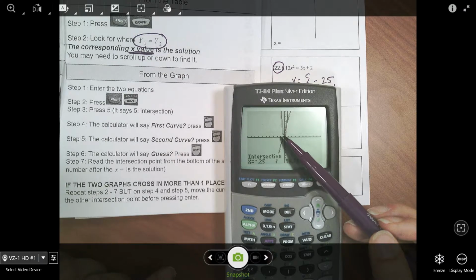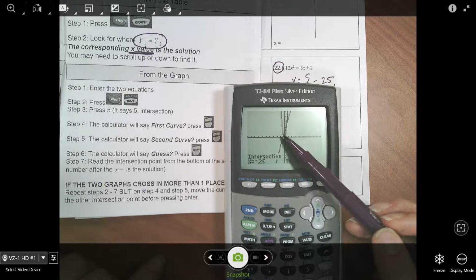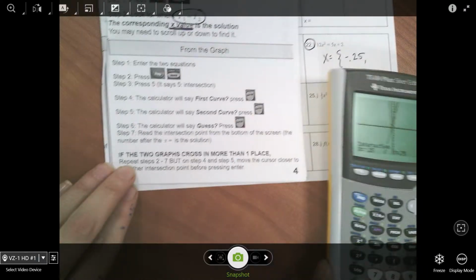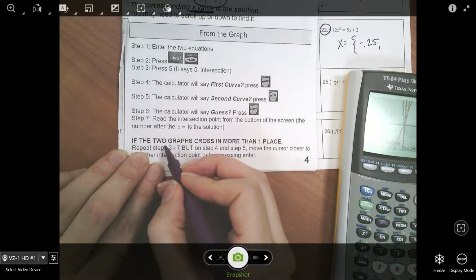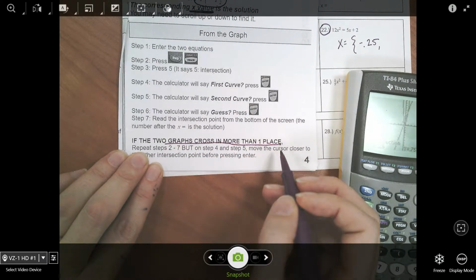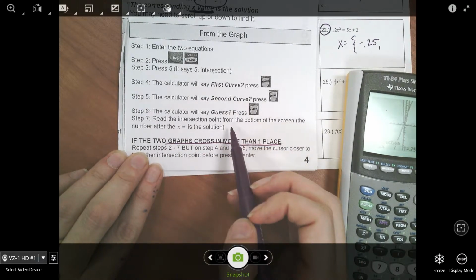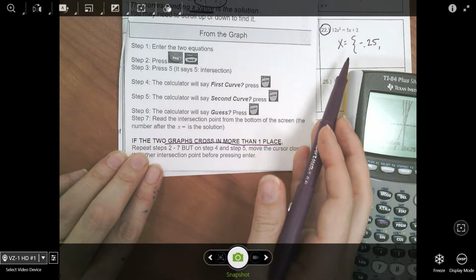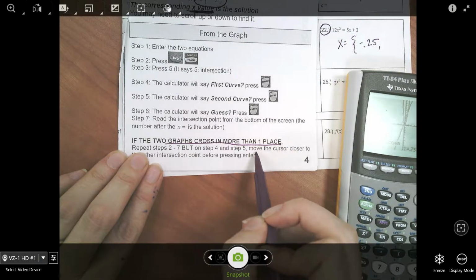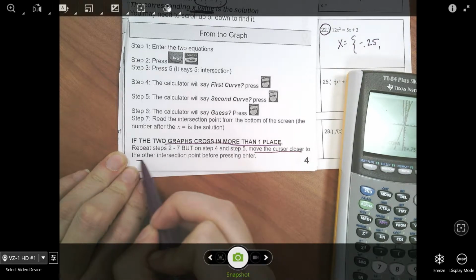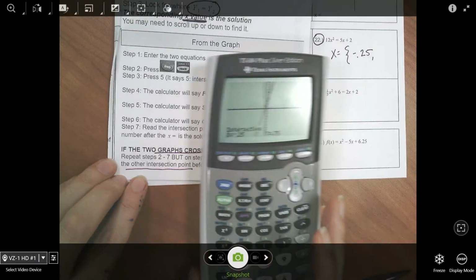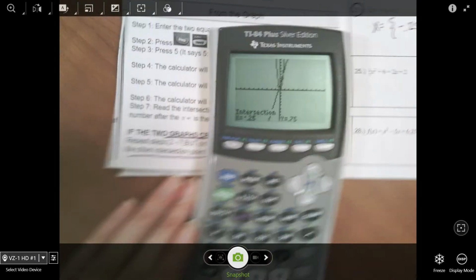And you say yes. But the problem becomes when I have two intersections. If you have graphs that cross in more than one place, we can't follow these exact same directions because you're going to get the same answer again. This time, we're going to have to move the cursor closer to the other intersection point. I'll show you how to do that, and I'll zoom in a little bit so you can see what I'm doing.